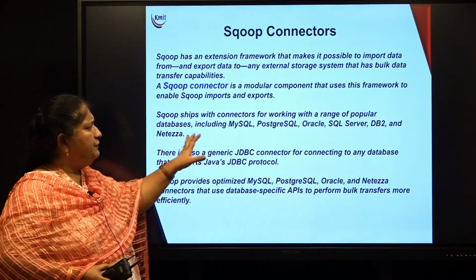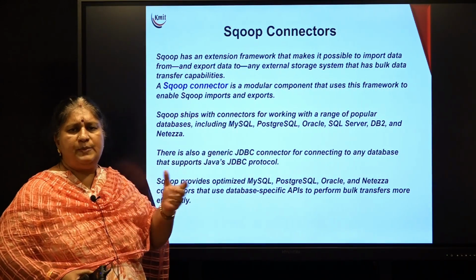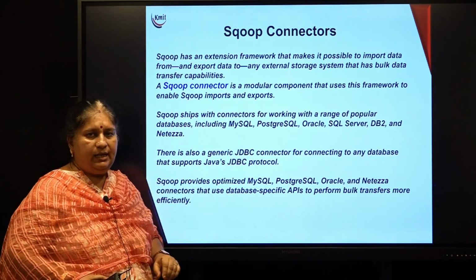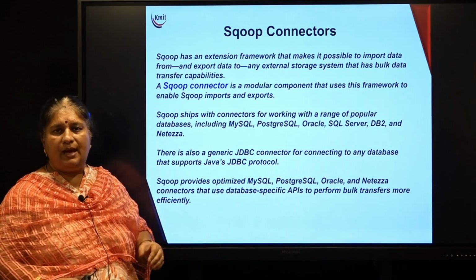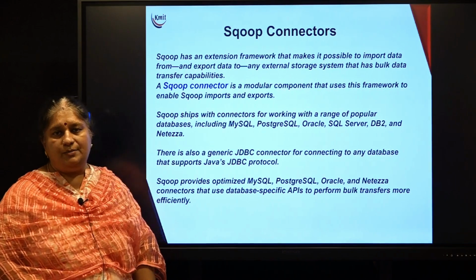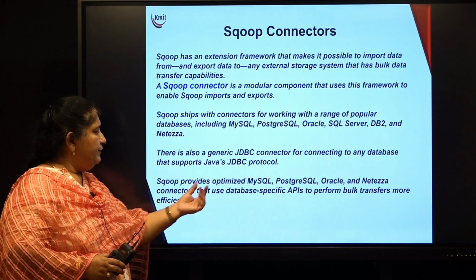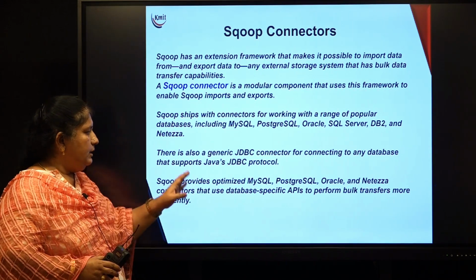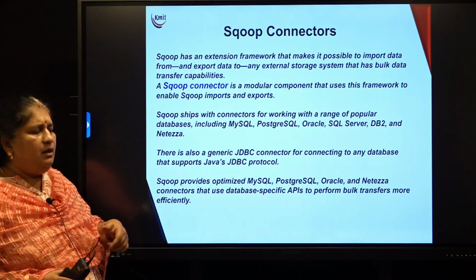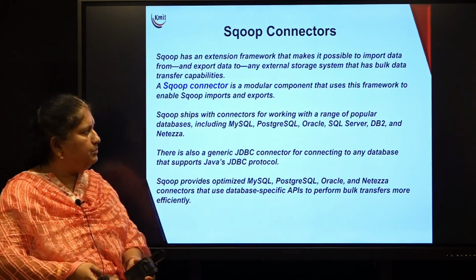Suppose we are using a database other than these. There is no specific connector available. In such cases, there is a generic JDBC connector. If none of the connectors matches the database which I am using, we can definitely use the generic JDBC connector to match any of the database systems. And Sqoop provides optimized MySQL, PostgreSQL, all these connectors which are database specific APIs, but if those are not available, as I mentioned here, the generic JDBC connector can be used.